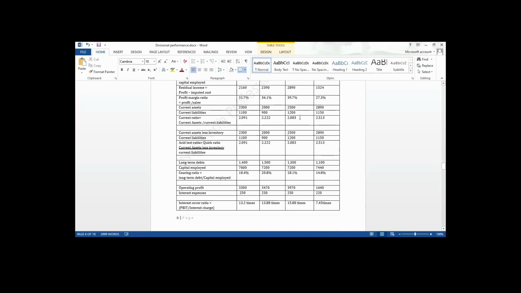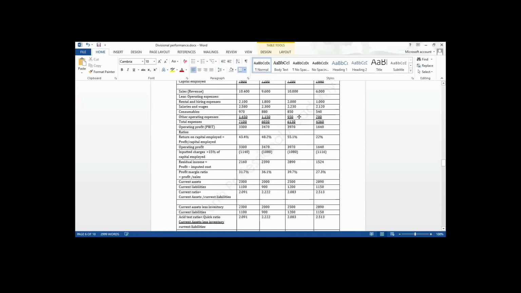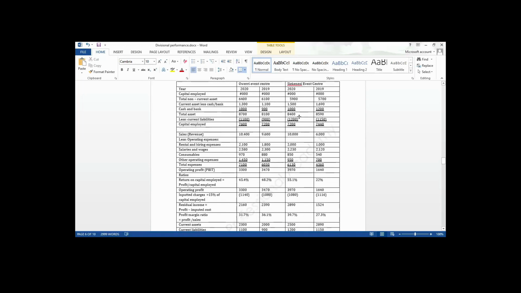In 2020, Sekenisi achieved 55.1 compared to Owerri, who are getting 43.4. But in 2019, Owerri performed better than Sekenisi Center.